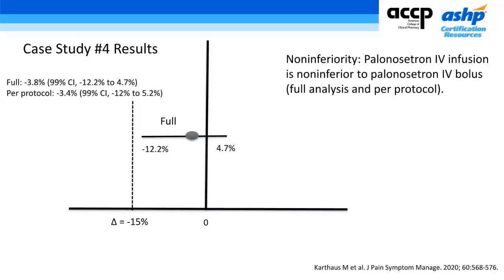The point estimate of negative 3.8 is shown with the circle, and the confidence interval does not cross that non-inferiority margin. So the palonosetron IV infusion is non-inferior to palonosetron IV bolus. And that is for both the full analysis and then the per protocol analysis.